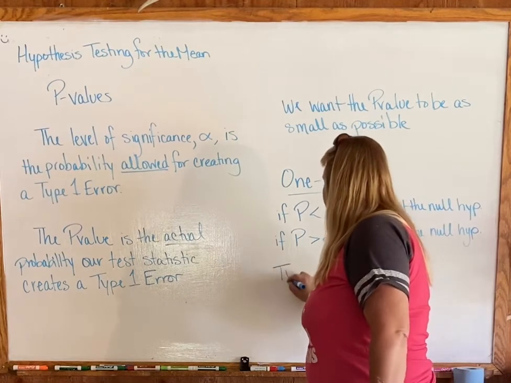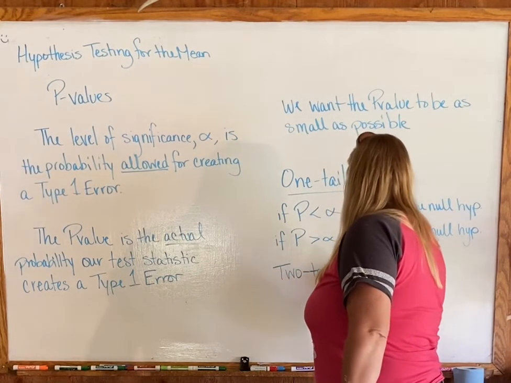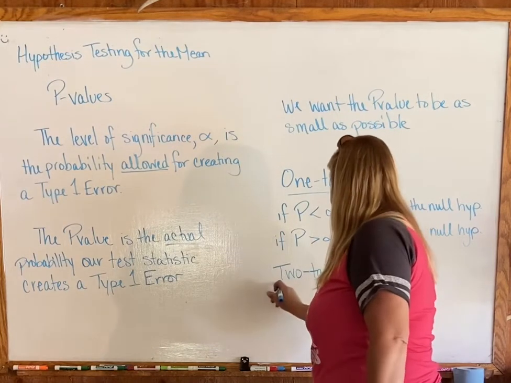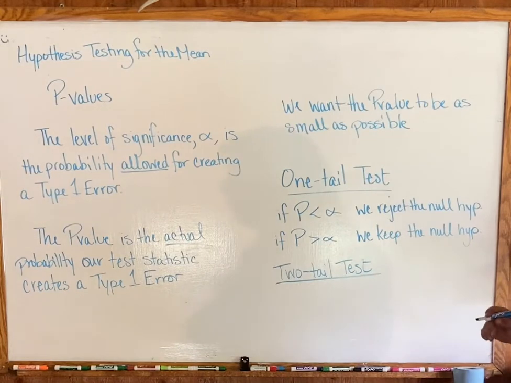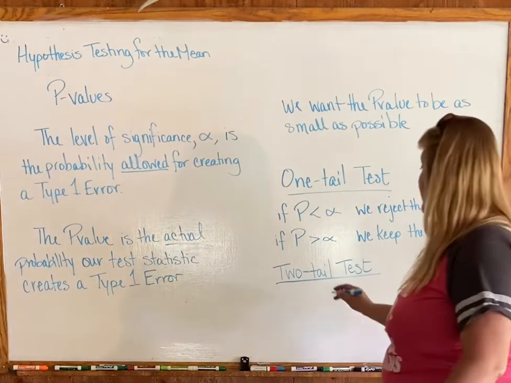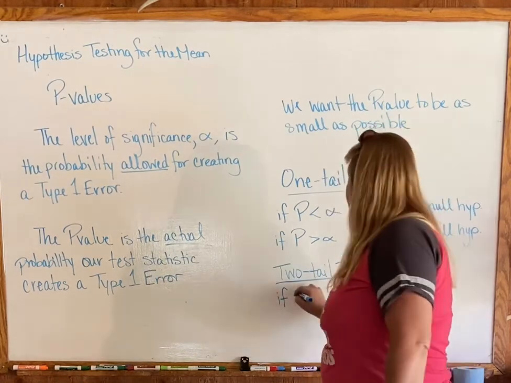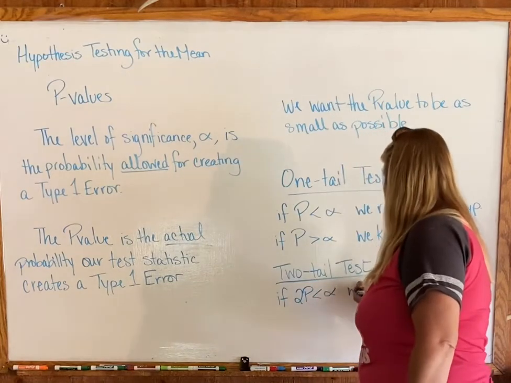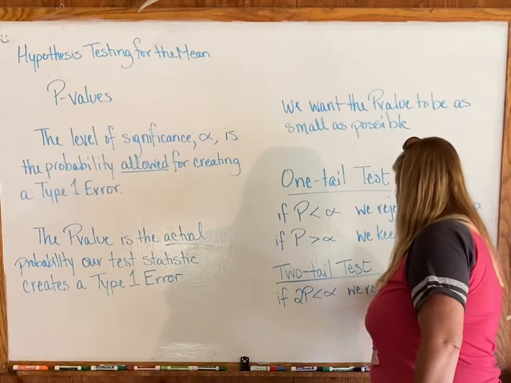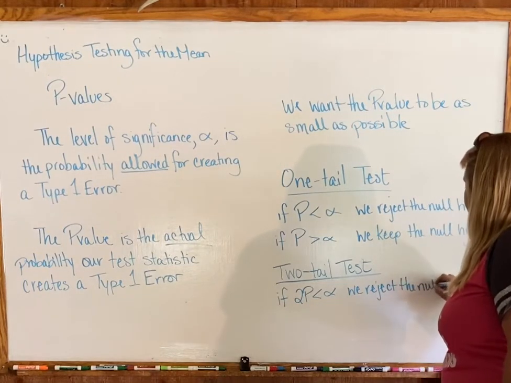Now remember what I said, that's a one-tail test. In a two-tail test, it's a teeny bit different. So it requires a little bit more work on our part. If it's a two-tail test, we have to say if 2p is less than alpha, we can reject the null hypothesis.